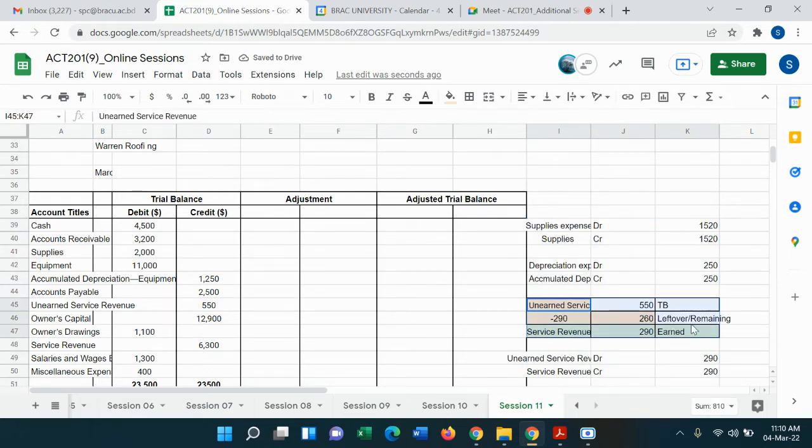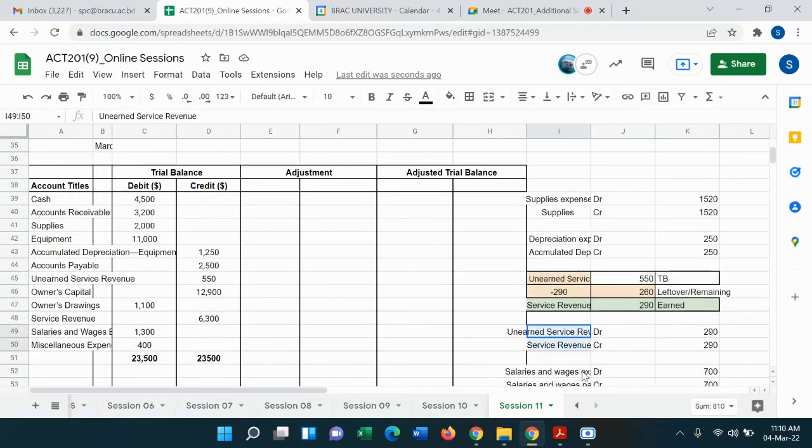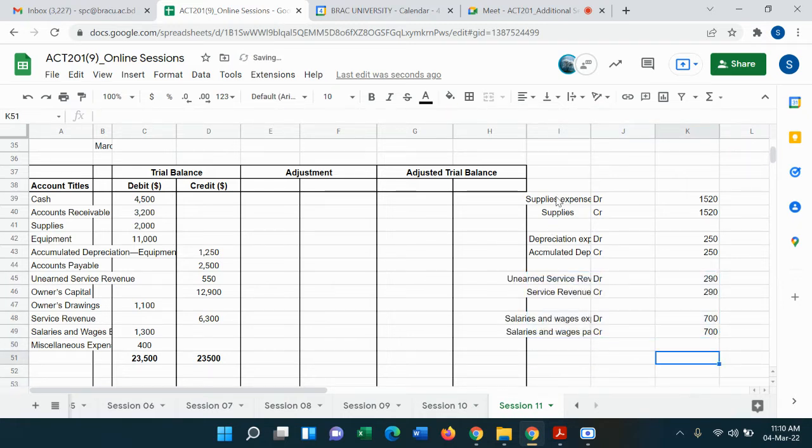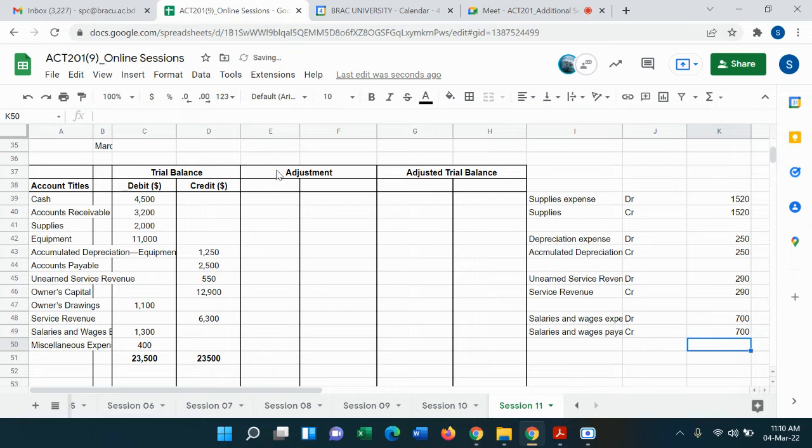So these are the adjusting entries we have prepared from the information that has been given to us. Now we are going to transfer these adjusting entries to this adjustment column, and from this adjustment we will prepare the adjusted trial balance.